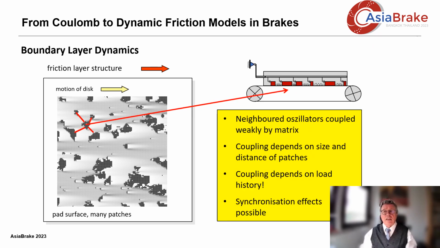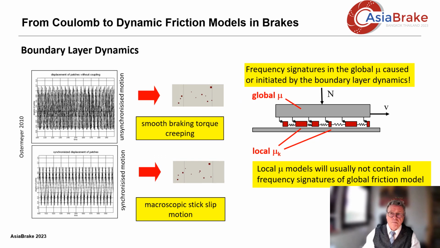However, these oscillators are not independent. They are weakly coupled via the matrix. This has fundamental consequences. On one hand, the coupling depends on the size and distance of the patches to each other. This is defined by the load history. On the other hand, synchronization effects are possible due to the coupling of the oscillators.